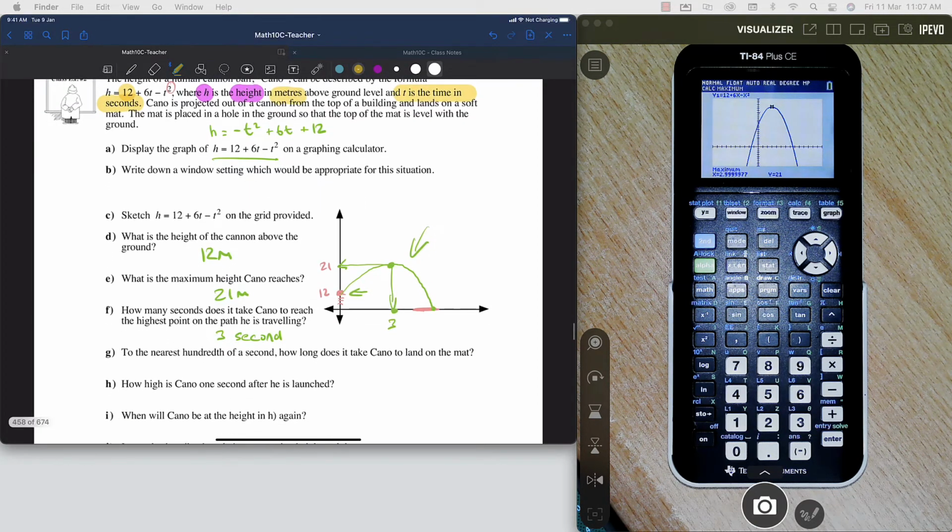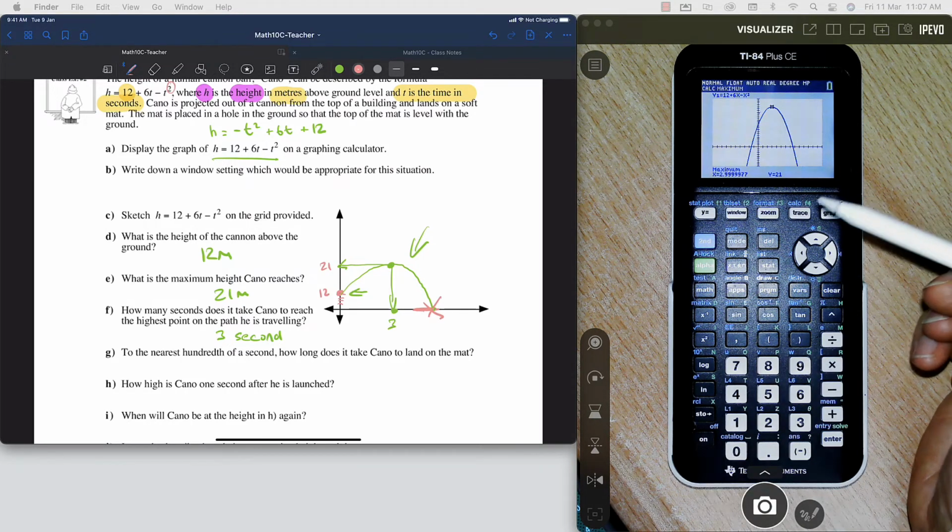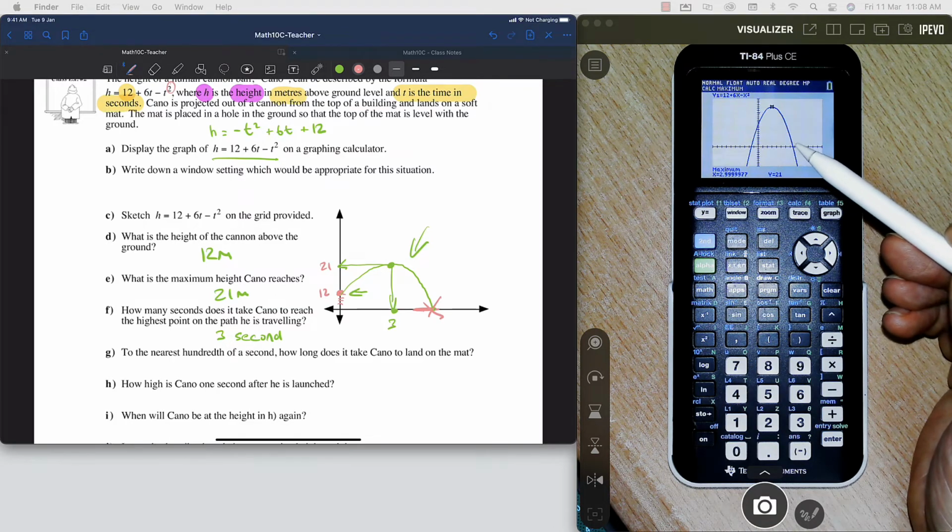To the nearest hundredth of a second, how long does it take the cannonball to land on the mat? Well, that is going to be at that point right there. So again, that's at our 0 or our Y, our x-intercept that's right here.